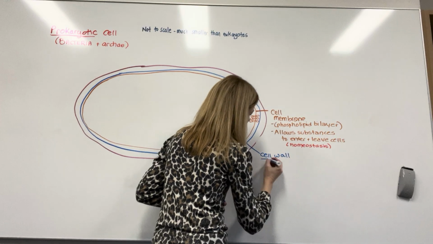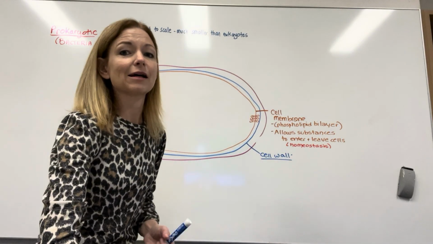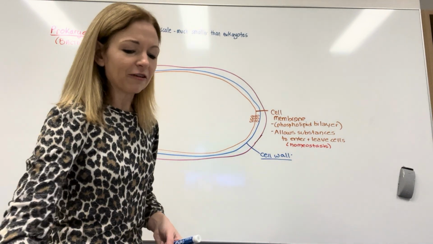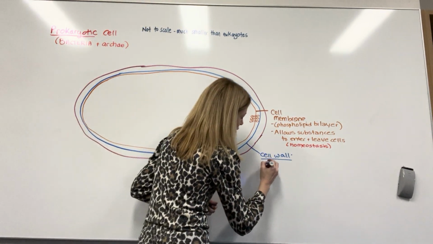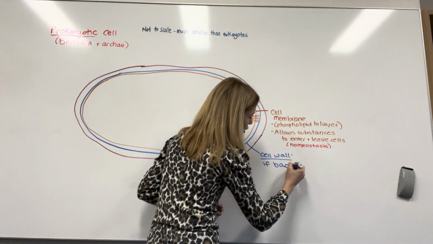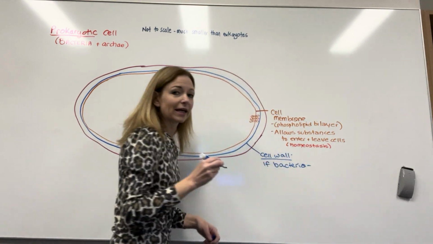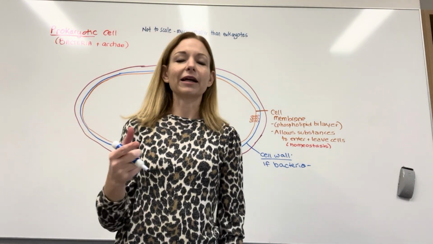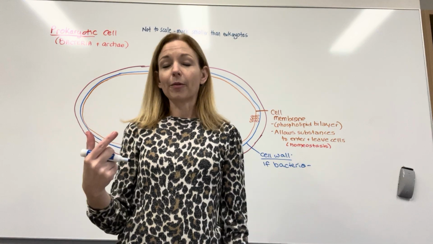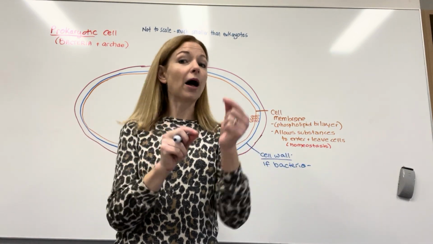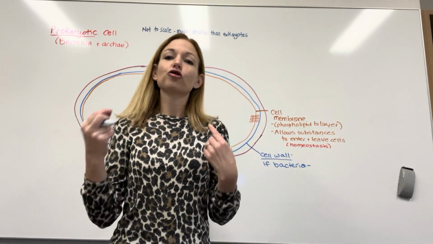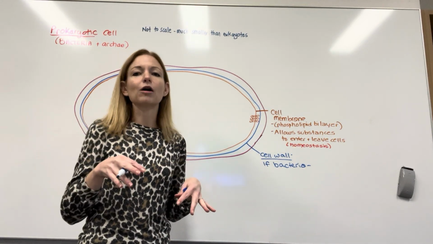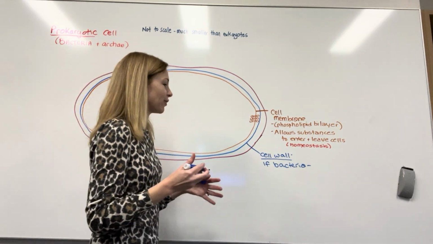We do want to know a little bit more detail about that cell wall. It can vary, but in true bacteria it always has something called peptidoglycan in it. Pepti, like a peptide bond, and glycan, if you think glycogen, comes from carbohydrate. So it's a protein carbohydrate polymer, and it is found in all true bacteria. Archaea do not have peptidoglycan. They tend to have a unique cell wall that's better suited for their environment.